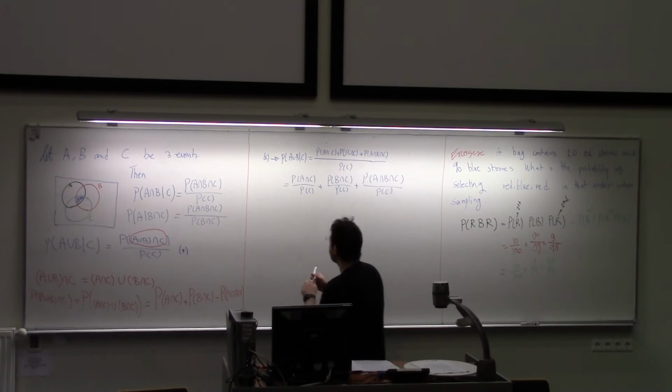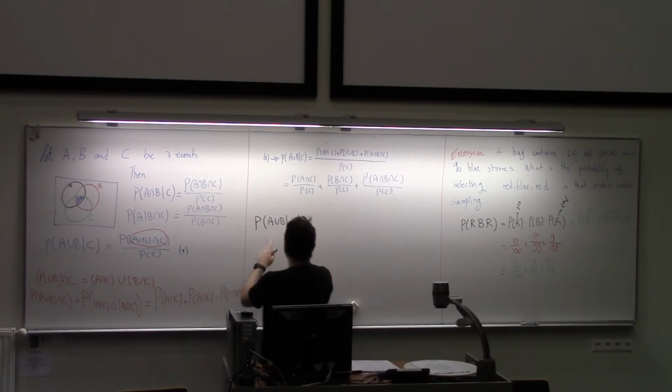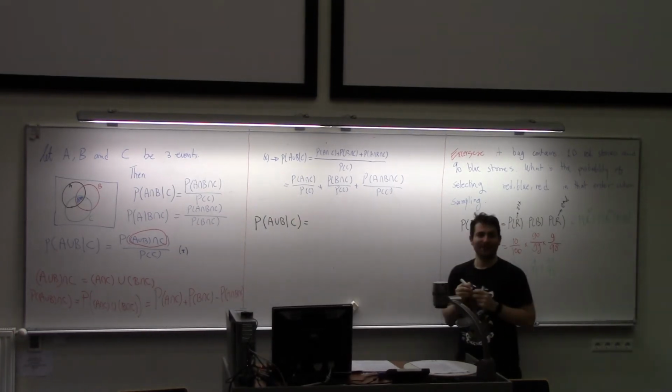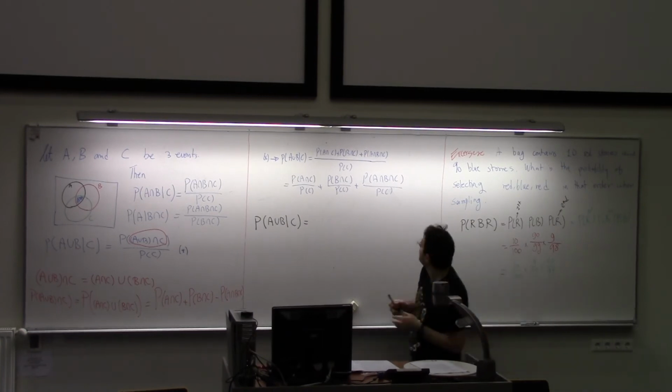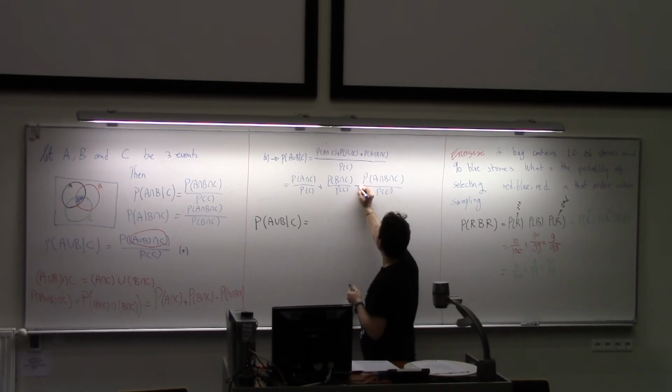So probability of A union B given C. Minus, yes, it is a minus. I wanted to check if you're slipping or not.